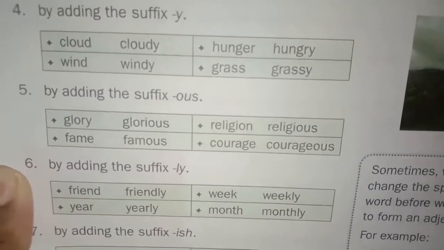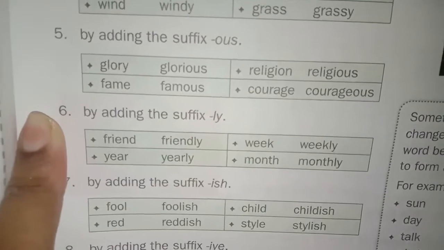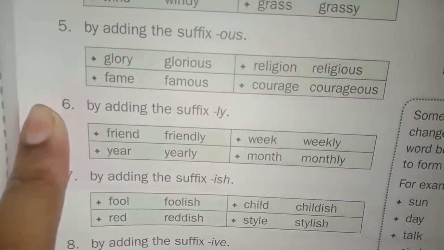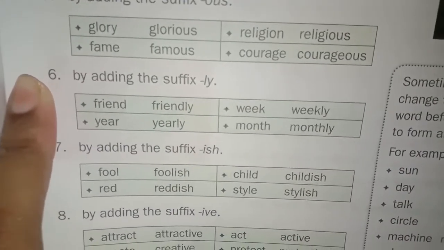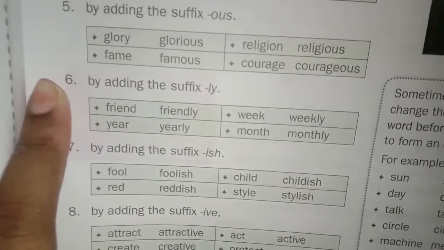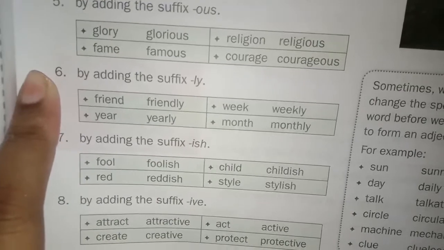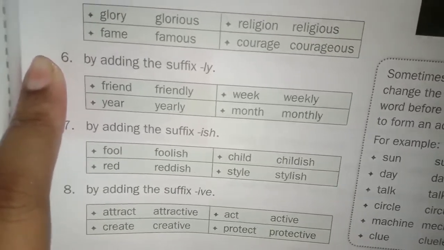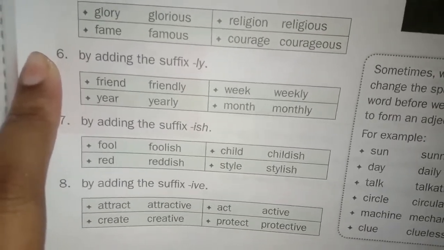Grass, grassy. Again OUS: glory, glorious. Fame, famous. Religion, religious. Courage, courageous. By adding the suffix LY: friend, friendly. Year, yearly. Week, weekly. Month, monthly.